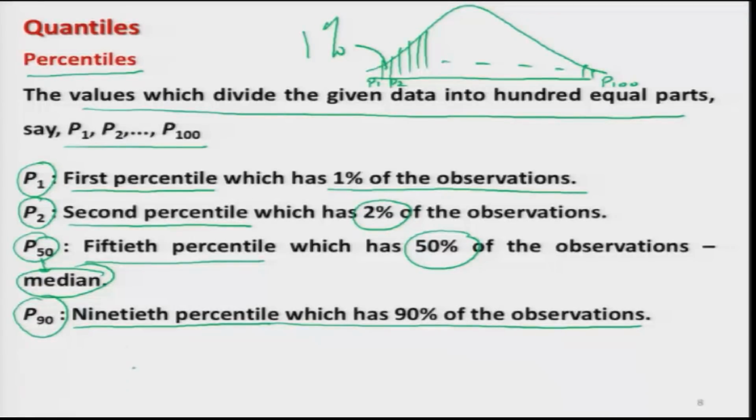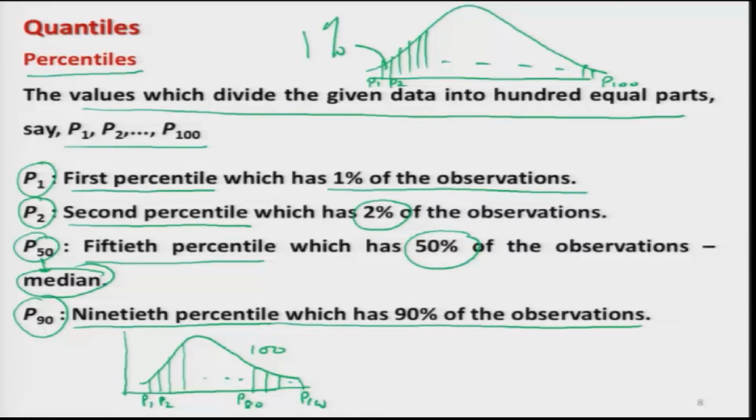So, what are they asking? They are saying that suppose a large number of students have appeared in the examination and they have prepared the frequency curve of the marks obtained, and now they have divided those frequencies into 100 equal parts. So, this first value denotes the first percentile P1, the second denotes P2, somewhere here is P80, that is the 80th percentile, and finally, here it is P100, that is the final percentile.